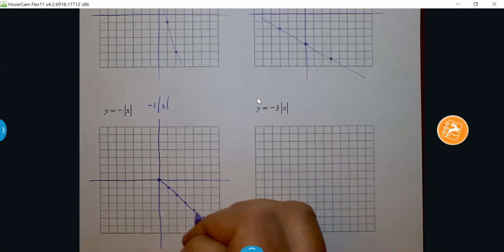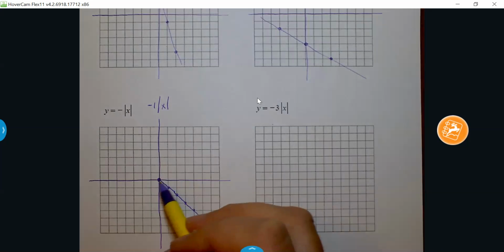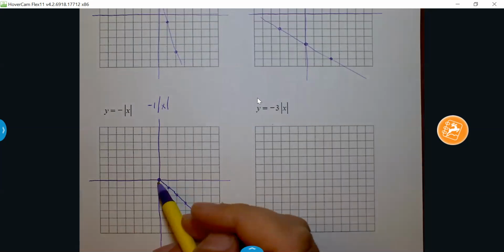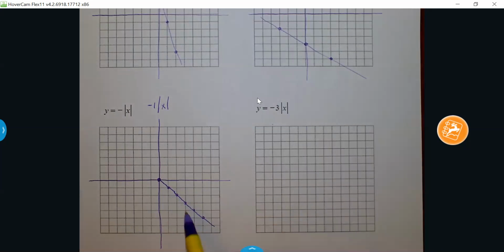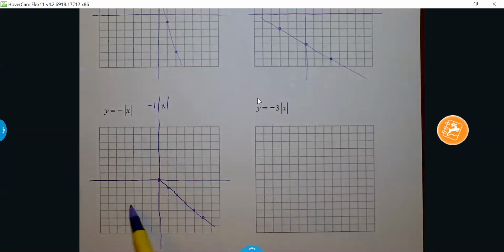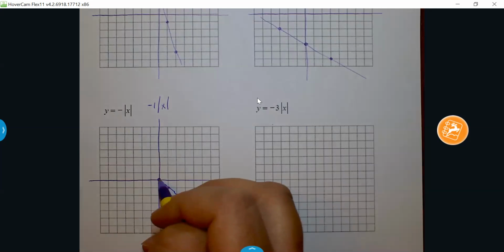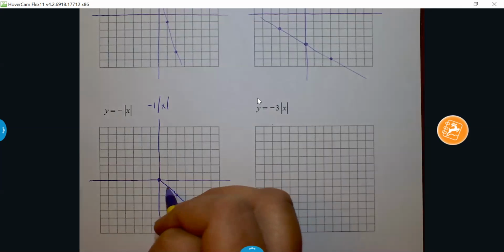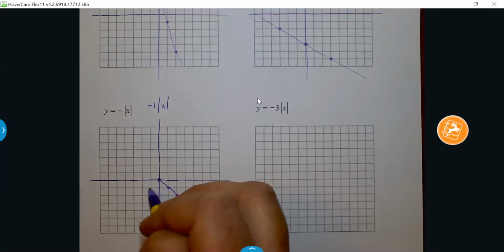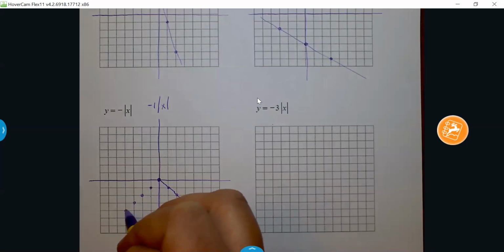Now our left side would go the opposite way. It would be reflected over. With the absolute value, you want to make a V shape. So instead of going down 1, right 1, we're going to go down 1, left 1, down 1, left 1, down 1, left 1, and keep going.